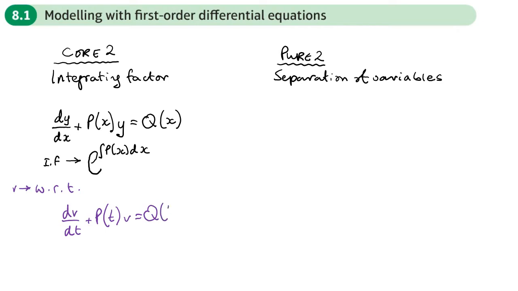So just be aware that you've got different letters and you need to be prepared to take what we're used to and match up the letters for x and y with these. So x, x, x, t, t, t, y, y, V, V. Okay, so that's the only thing you need to watch out for.